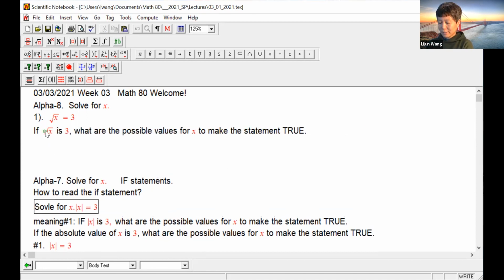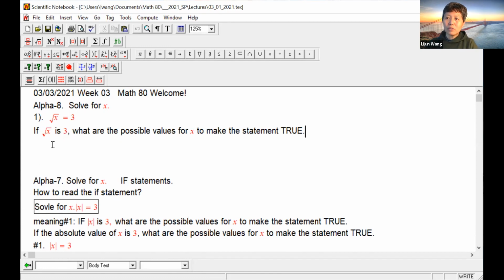If root x is 3. You guys see me? The difference is just the rules are different. If it's not an absolute value of x, it's the root of x. You take a square root of a number and it is 3. What are the possible values for x to make the statement true?